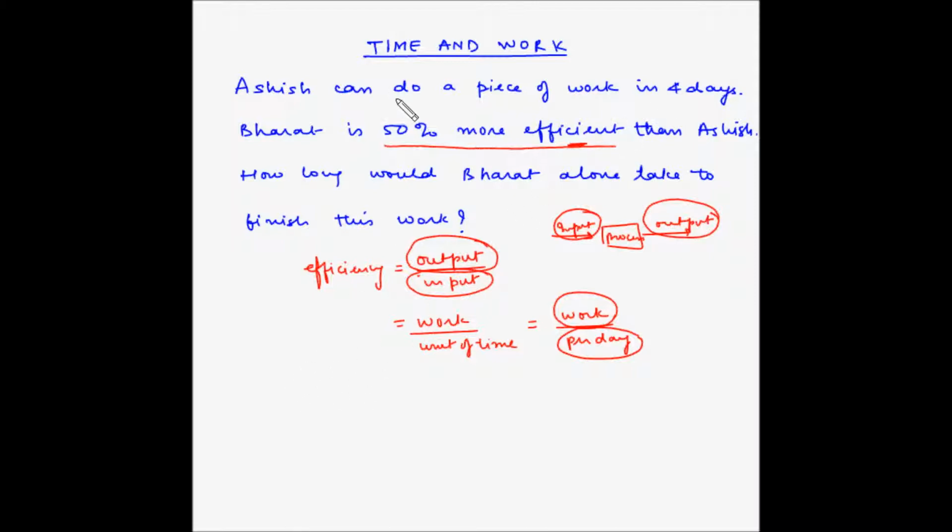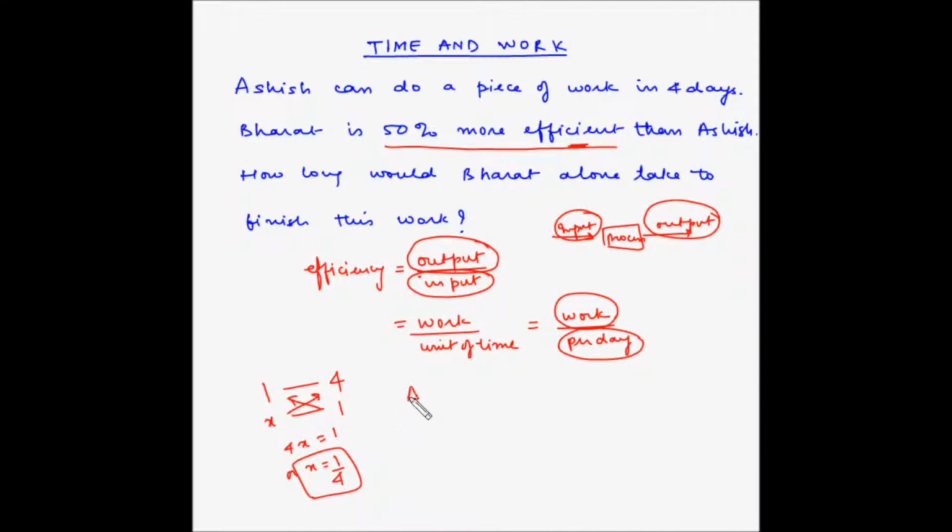Ashish can complete one piece of work in 4 days. So how much work can he do in 1 day? So cross multiplication. 4x is equal to 1, or x is equal to 1 by 4. So Ashish can do 1 by 4th of the work in a day.